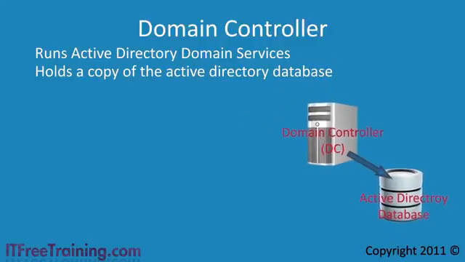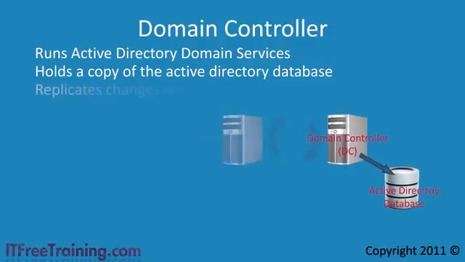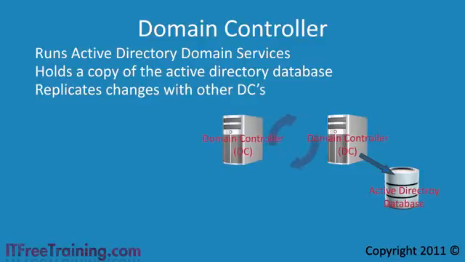A domain controller, or DC, will replicate any changes made to its local copy of the Active Directory database to other domain controllers. This is how Active Directory keeps its database up to date when there are copies of the same database all around the world.